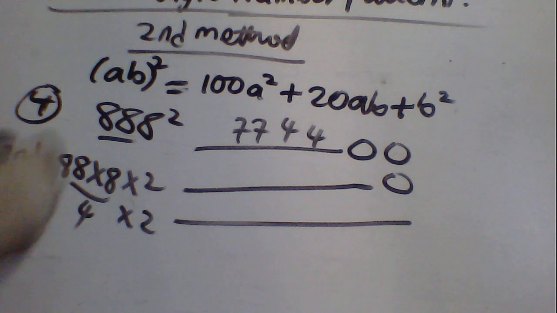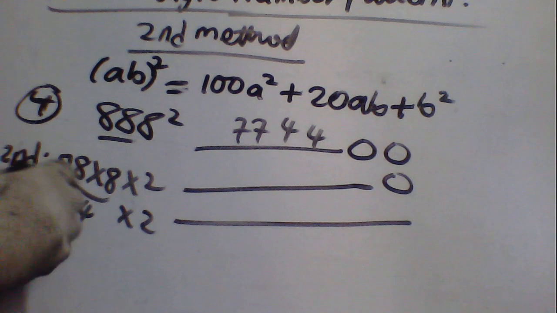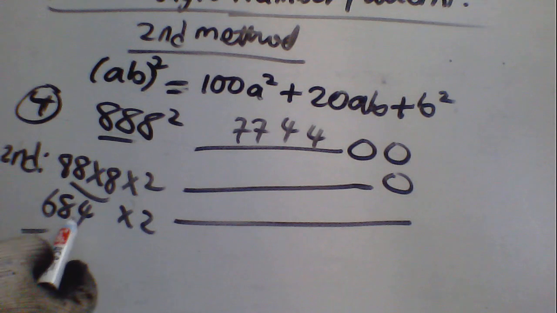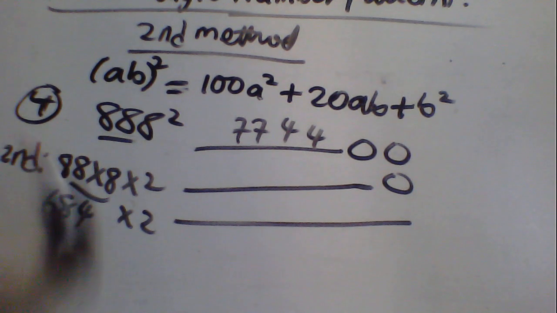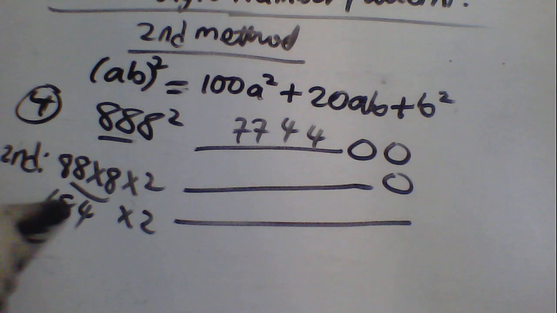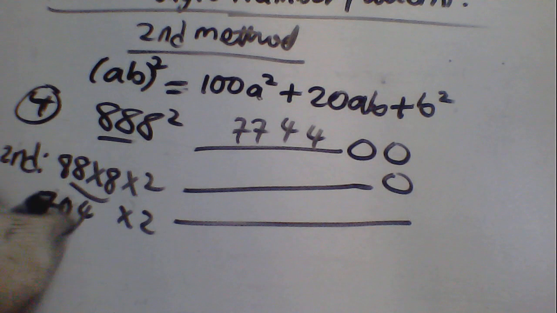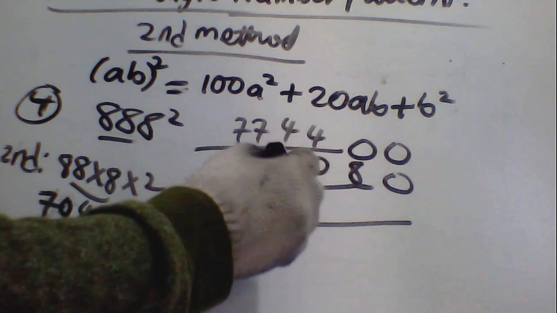I write 4 carry 6. 8 times 8 will give us 64 plus 6 will give us 70. So here is 704. Then 2 times 4 will give us 8. 2 times 0 will give us 0. 2 times 7 will give us 14. So you come here and write 1408.